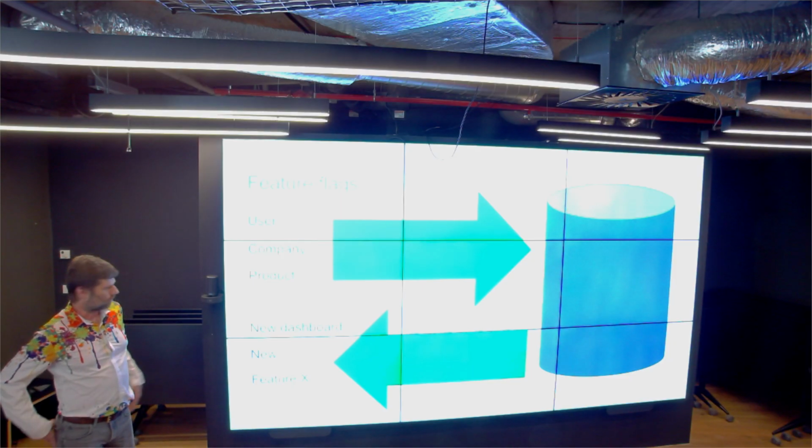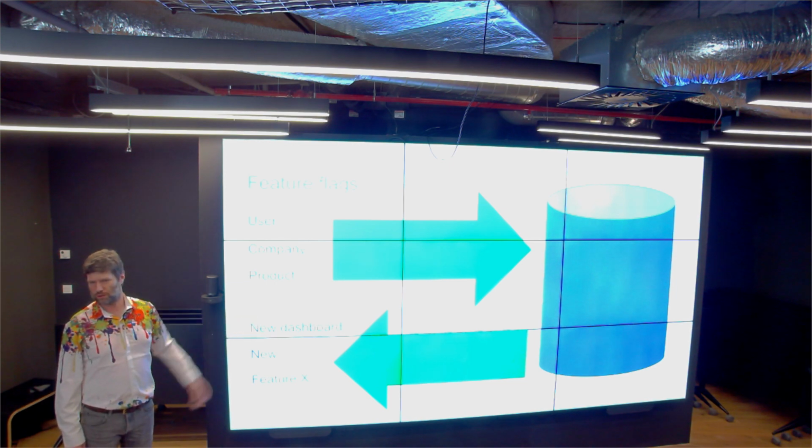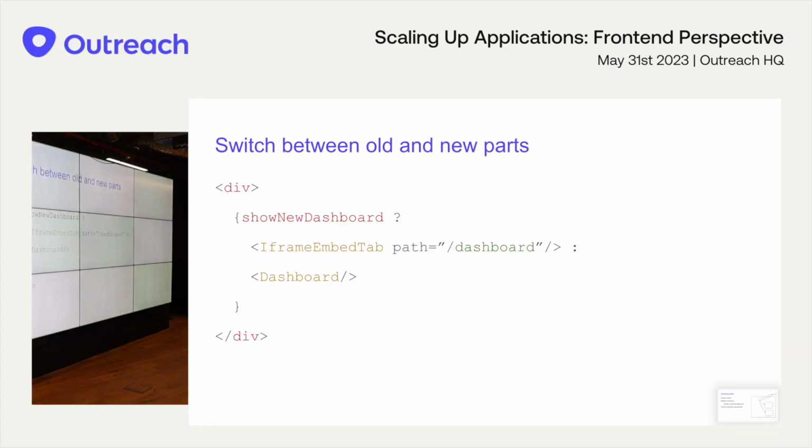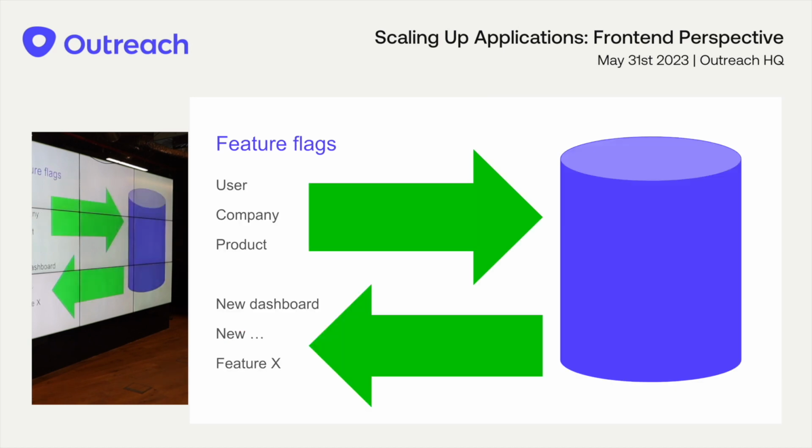And that you put into the condition, and based on that, you can toggle between the old and new experiences without any change to the code. You can toggle it from the backend right away.